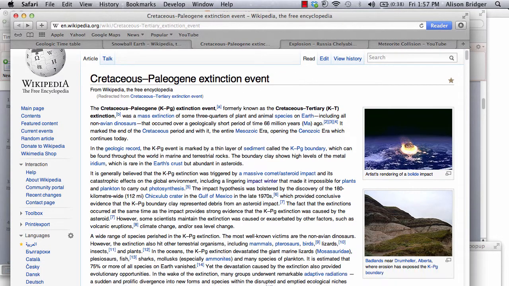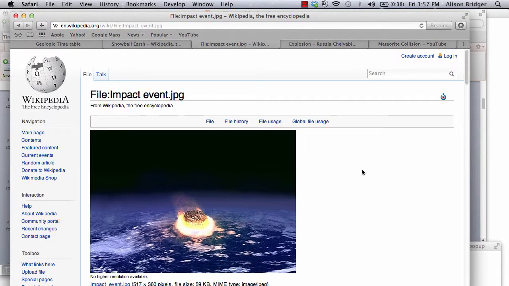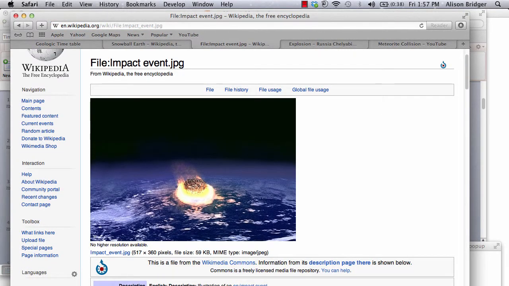This is a pretty big deal. 3/4 of everything living on Earth went extinct. And the current thinking about the cause of this is that a big asteroid came in and collided with Earth.